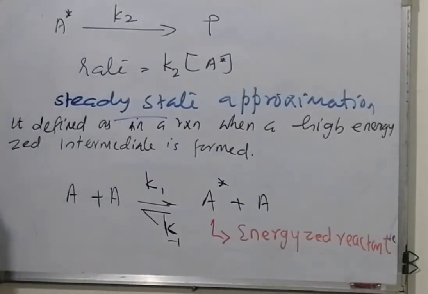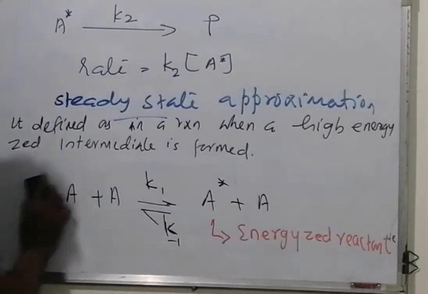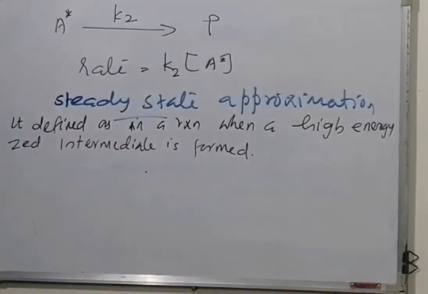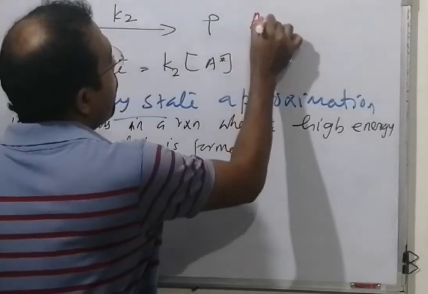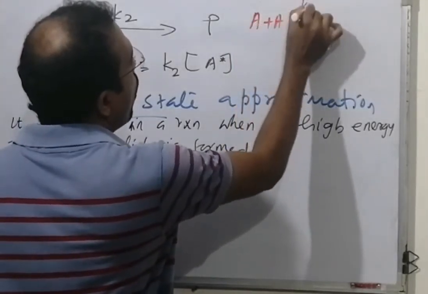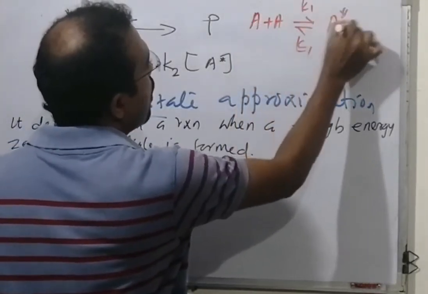This is our mechanism. I write the mechanism here: A, K1, K minus 1, A star plus A.